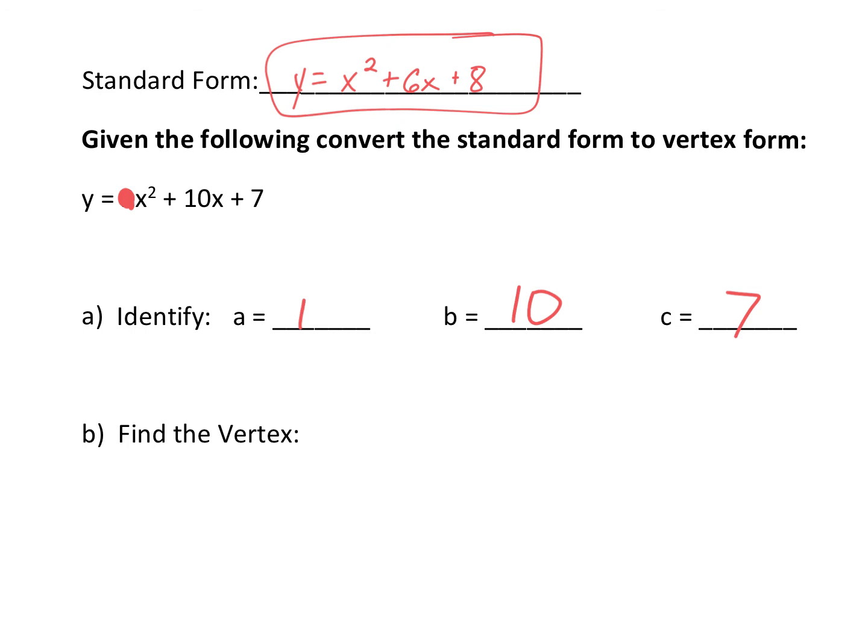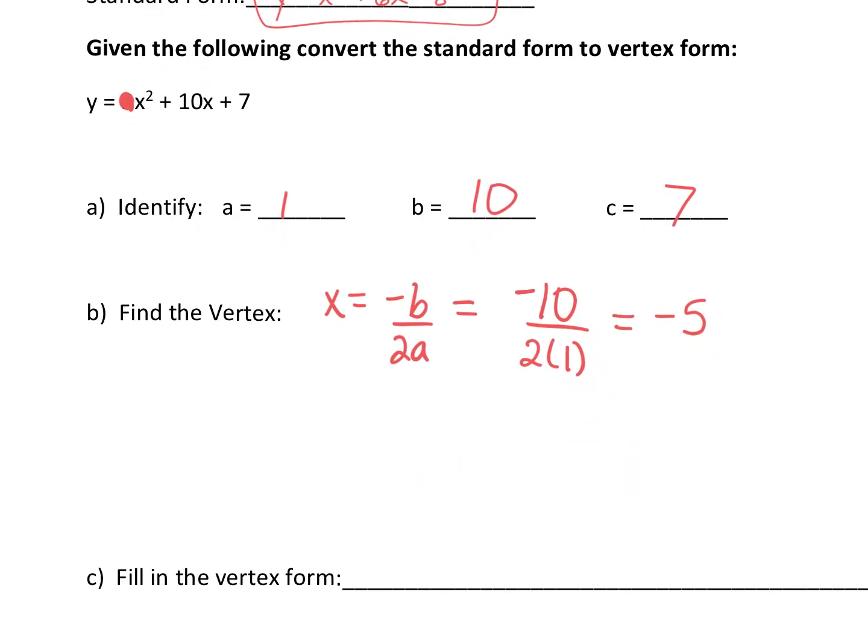When we have A, B, and C and we have to find the vertex, we first have to find the line of symmetry. Negative B over 2A. So if I plug in these values, that gives me negative 10 over 2 times 1. What is that? Negative 5. That's my x value. How do I find the y value?